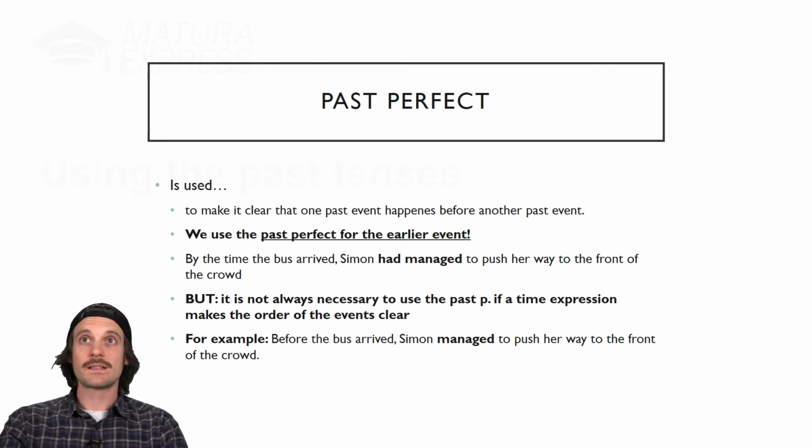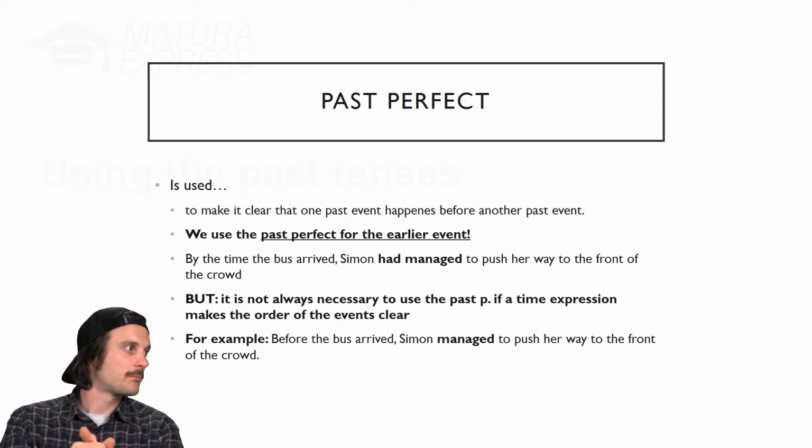It is basically used to make it clear that one past event happens before another past event. So that you can tell apart what happened before and what happened after.